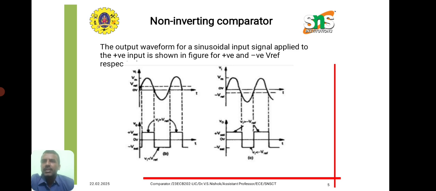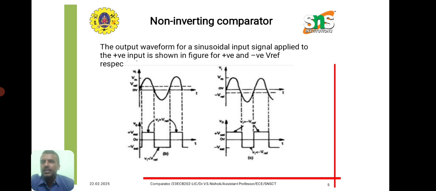Let us see the graphs based on two different reference values. On the left-hand side, we take V reference as a positive value, and on the right-hand side diagram we take V reference as a negative value. For the positive value, the input is an analog sine wave signal and we consider V reference as plus 1 volt.